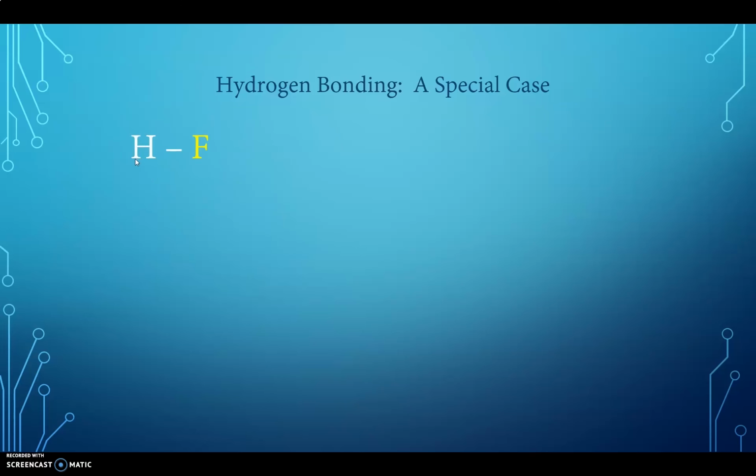The first one is if hydrogen is bonded to fluorine. Fluorine is a very electronegative element, the most electronegative element. So the electrons are pulled very strongly to the fluorine, producing a very powerful permanent dipole. So the hydrogen becomes positive, the fluorine in the molecule becomes negative.